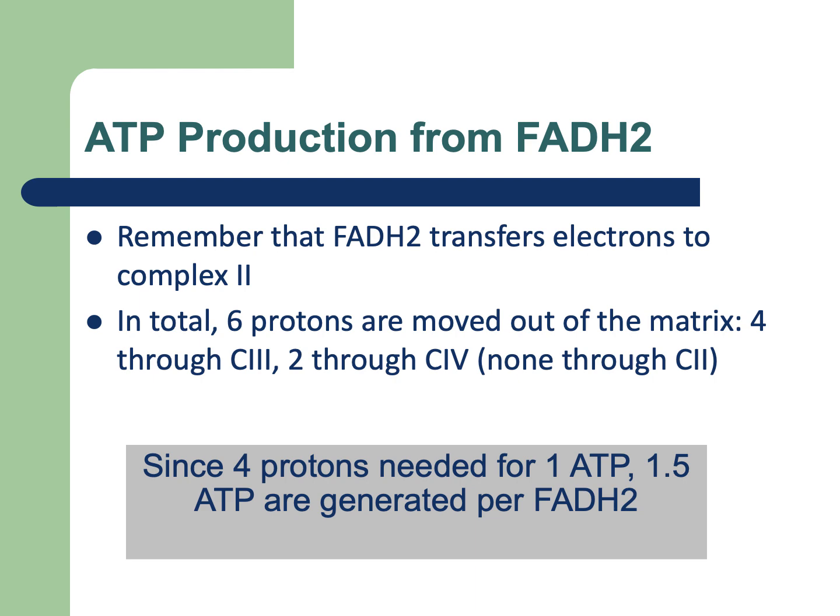So since 4 protons are needed for 1 cytoplasmic ATP, we have 1.5 ATP are generated per 1 FADH2 molecule. Well, how did we get that? Well, there's 6 protons moved for 1 FADH2. 6 divided by 4 protons needed for 1 ATP equals 1.5 ATP per 1 FADH2 molecule.